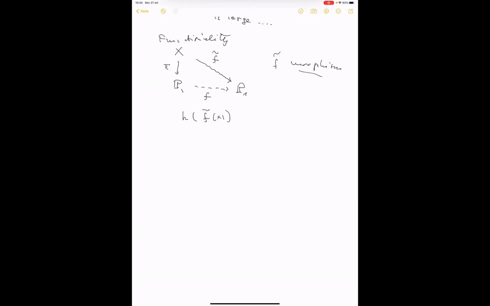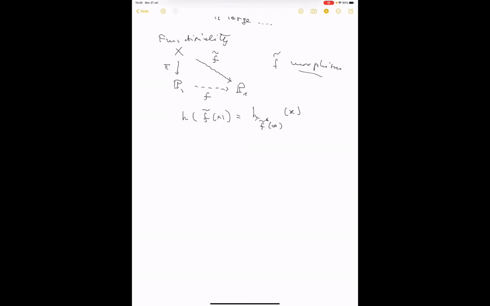It means that the height of F tilde is equal to the height with respect to the divisor F tilde star of the point at infinity of X.